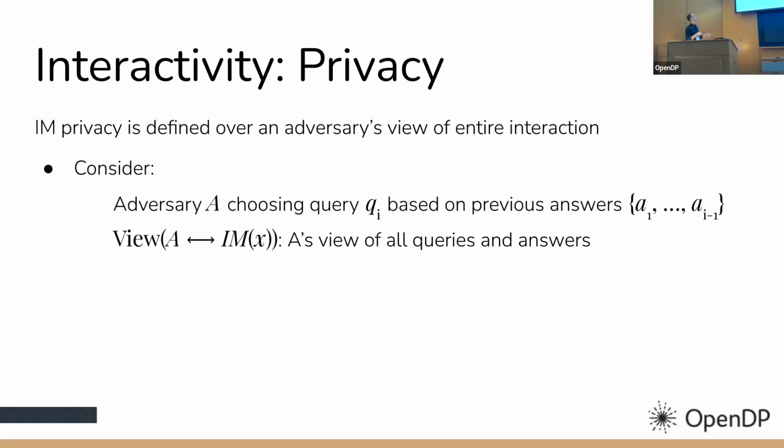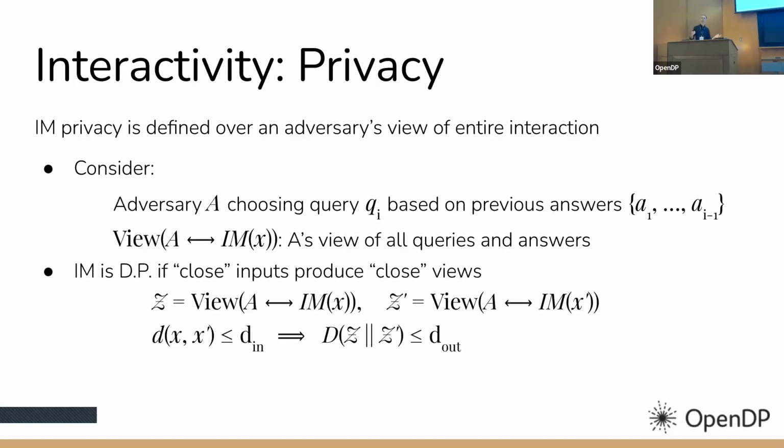If I have those things together, then I can talk about closeness, and you'll see sort of a parallel to when we're talking about regular measurements. In this case, an interactive measurement, if we can say that close inputs produce close views, then that interactive measurement will be differentially private. And you can see it written in the math here.